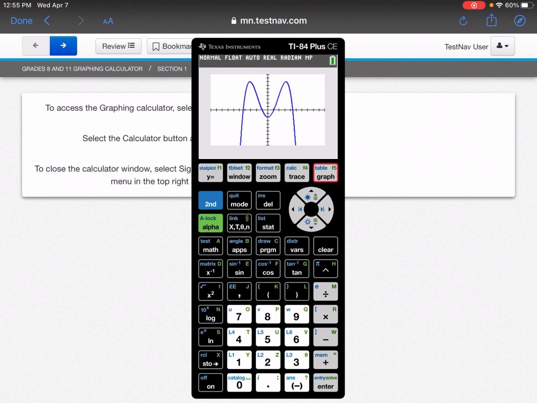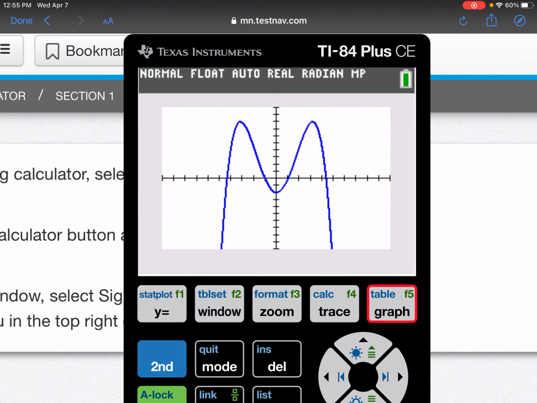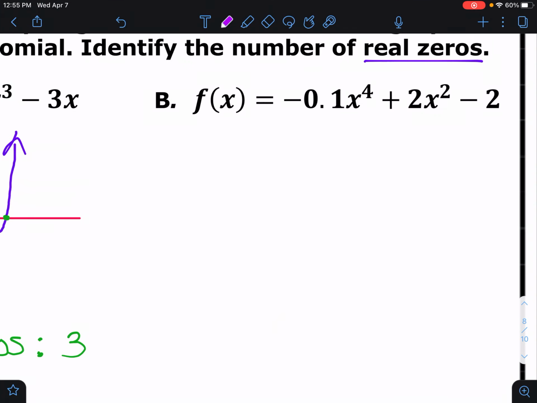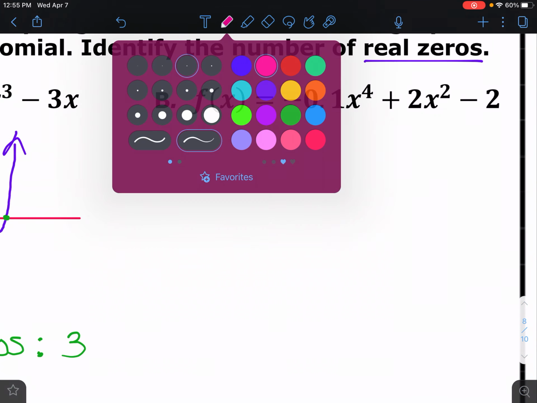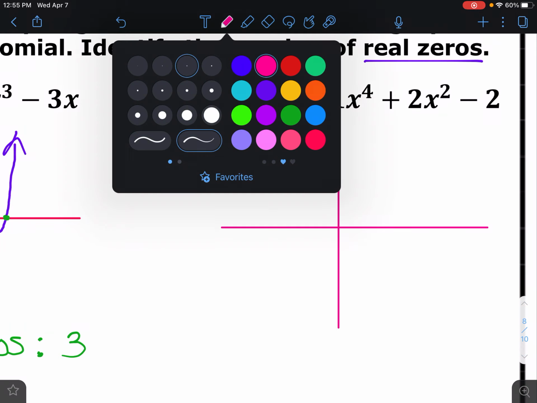Okay, now this sort of looks like an M, right? So quartic functions often will look like this, like an M, or the other way around. They'll look kind of like a W. So I want to sketch that as best I can. So I'm going to take a closer look. It looks like this. Okay, and we're going to put that on our graph.